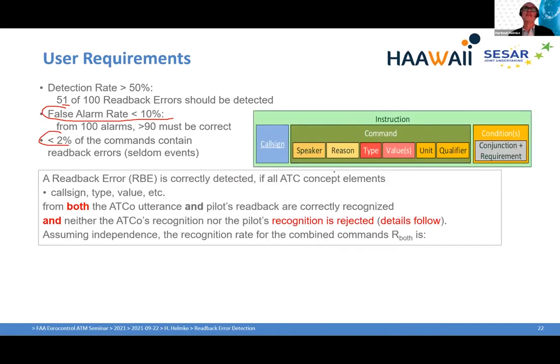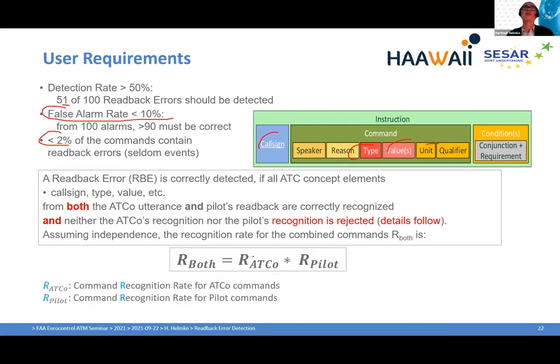So what does it mean that a readback error is detected? A readback error is detected if the utterances of the ATCO and of the pilot are both correctly recognized. That means the call sign must be correctly recognized, the type, the value, the unit, and so on. Everything must be correctly recognized.